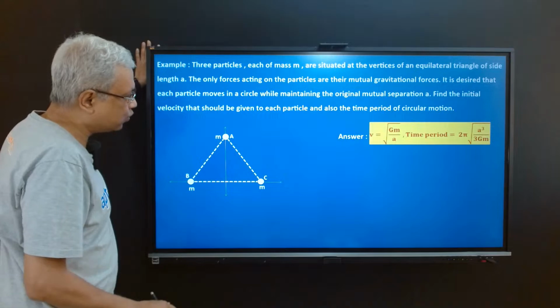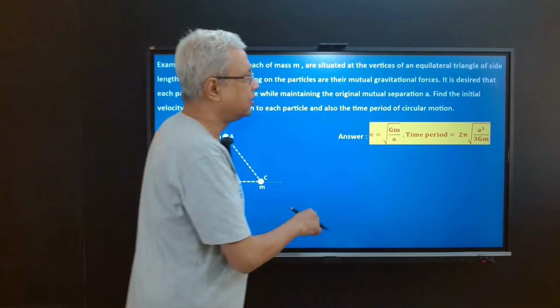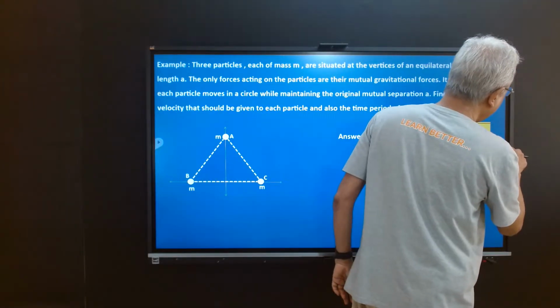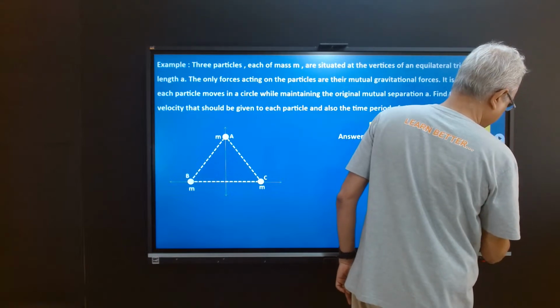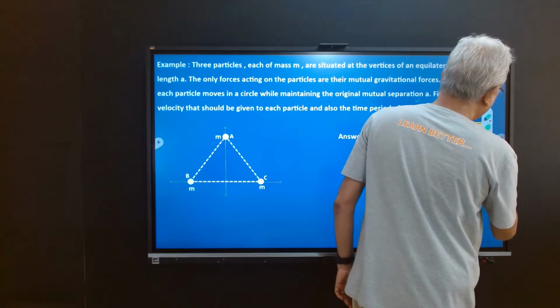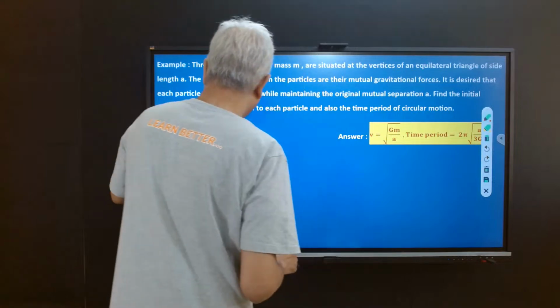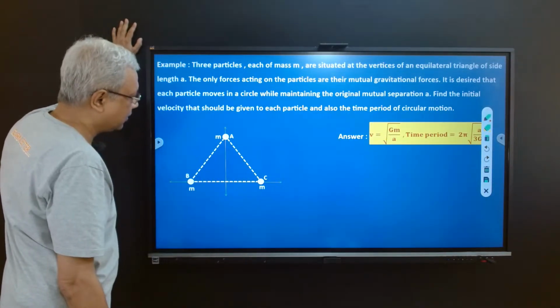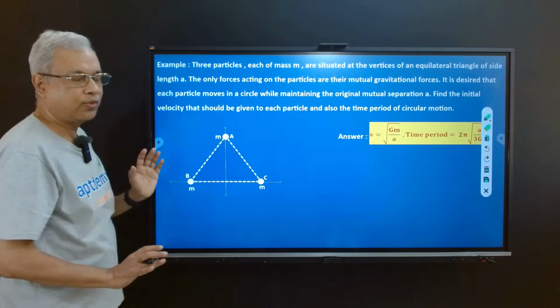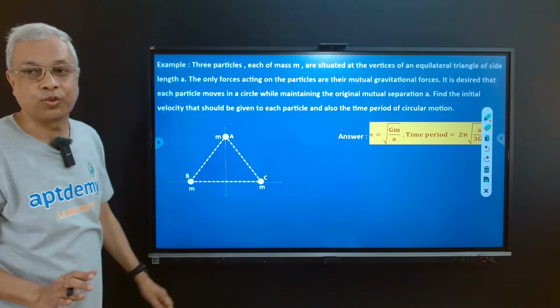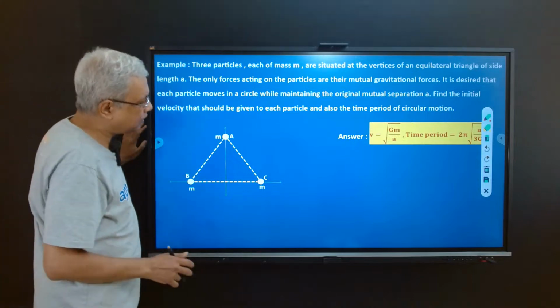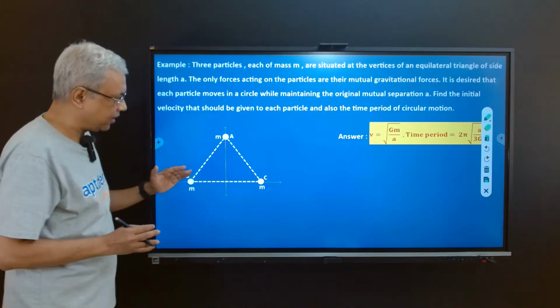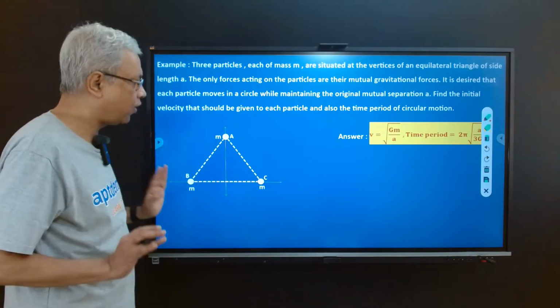Let us do some background work. When the particles are at A, B, and C positions, let me calculate where the center of mass is located. For that, we make a coordinate system convenient for our choice.